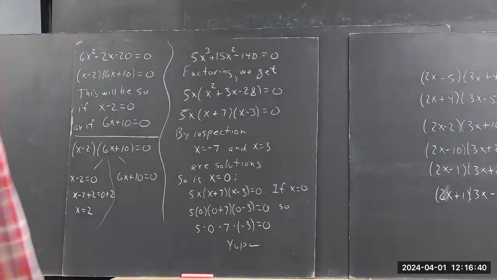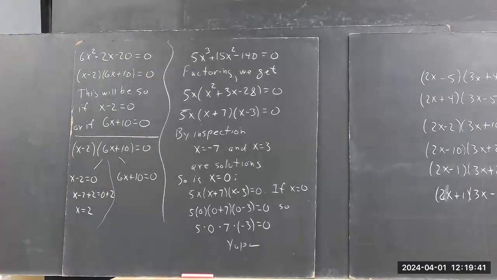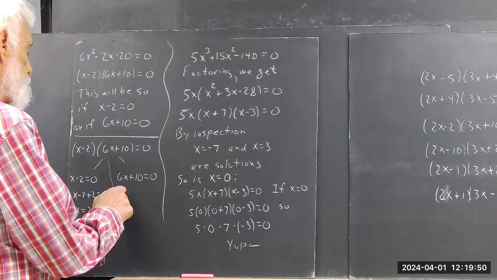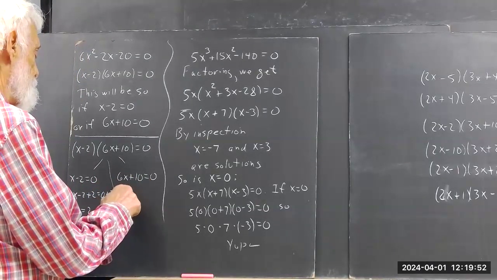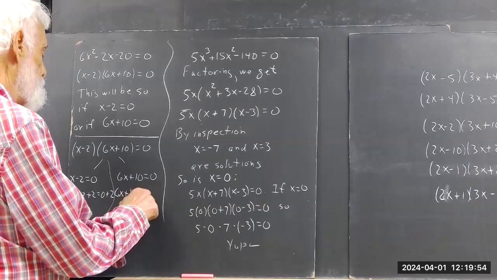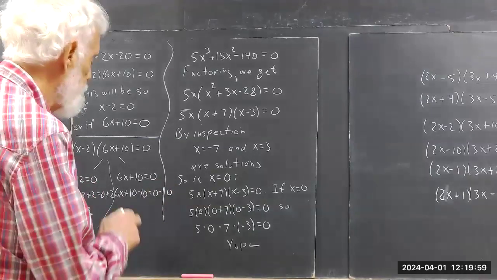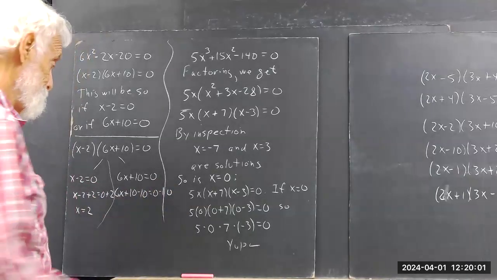Okay, now can you solve the other equation? Okay, to solve 6x plus 10 equals 0, subtract 10 from both sides.